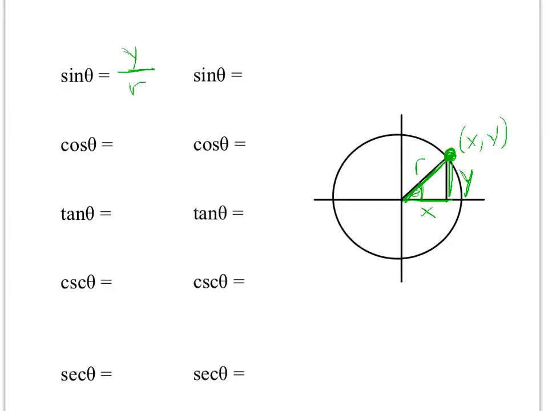So sine is y over r. Likewise, cosine would be the adjacent over the hypotenuse. But the adjacent, if we look at the picture, is this side, the x side, and the hypotenuse is the radius.